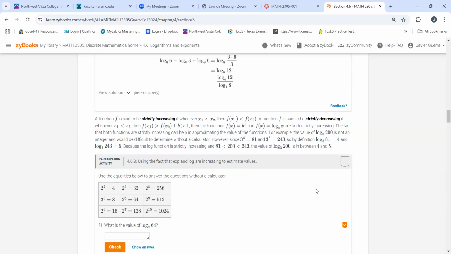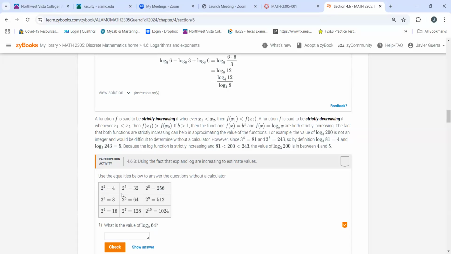So if you do not have a calculator and we want to determine the results of certain things, we can use certain facts. So on the bottom here, we have all the facts of base 2s. So they calculated all the base 2s.